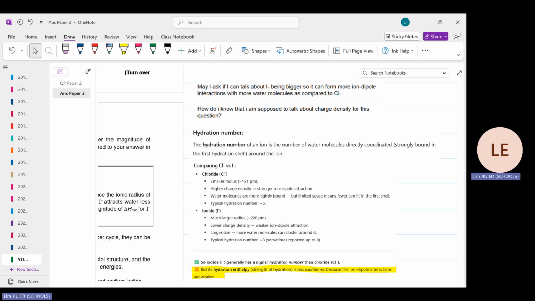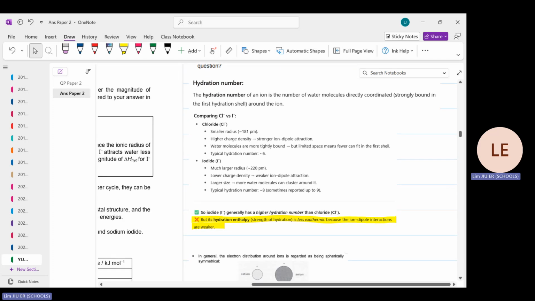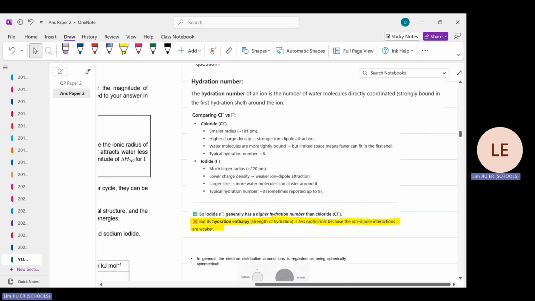I also went to ChatGPT to see what it tells about it. ChatGPT did say that I minus is bigger, so more water molecules can surround it, but the hydration enthalpy is finally still less exothermic because the ion-dipole interactions are weaker.